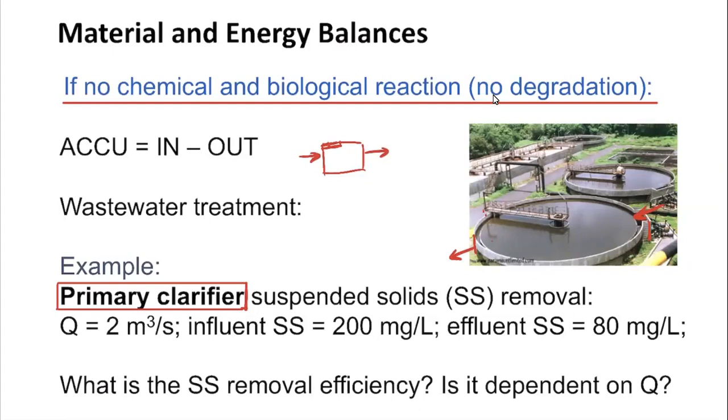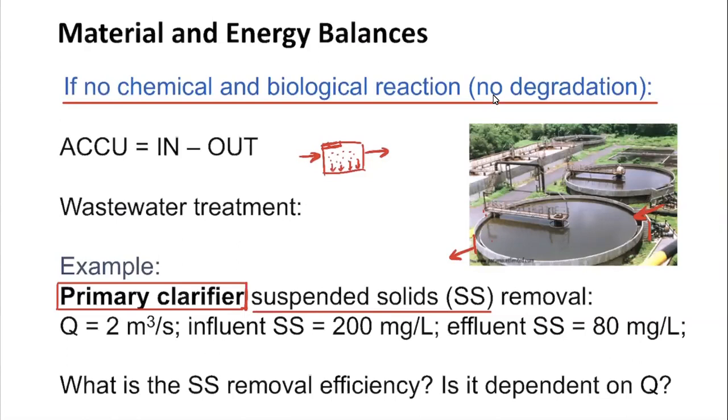Within this reservoir, larger particles settle down to the bottom of the primary clarifier. Within this process, there is no chemical reaction, but there's accumulation of these larger particles, which we call suspended solids, or SS.